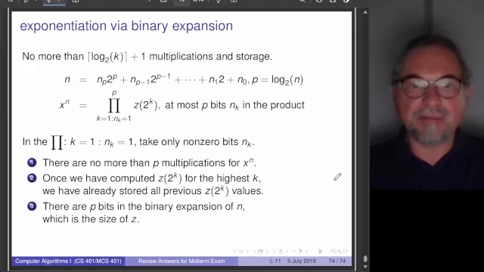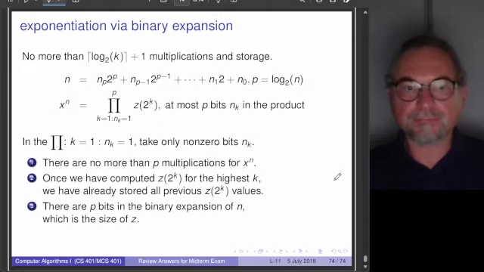So that means that we have to compute only the highest non-zero bit. We get all the other ones for free by storing them. And this explains the amount of storage that you need, no more than the number of bits.